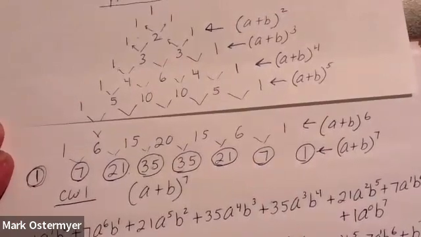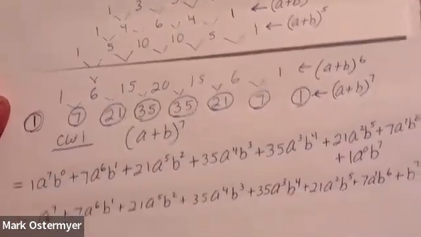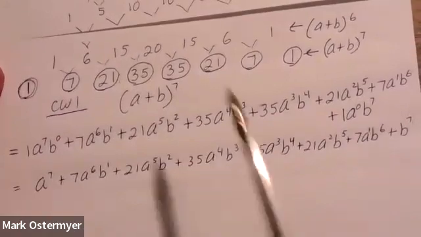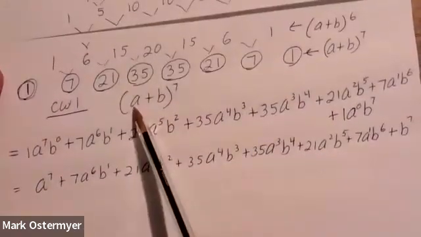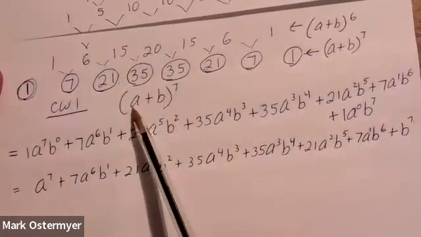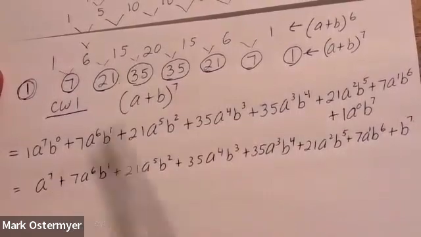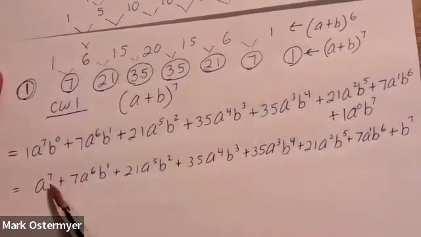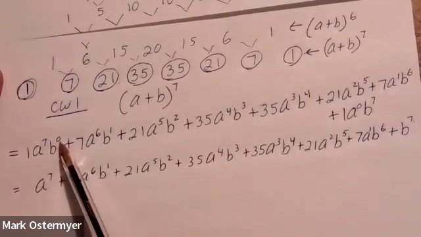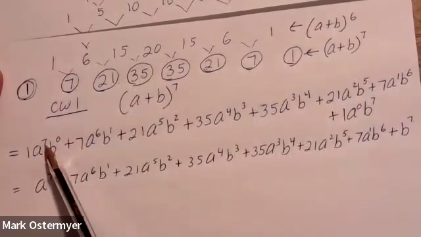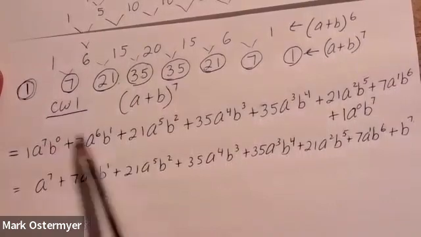Wait a minute, somebody said, can you explain how you know where the exponents go? When you're raising a binomial to a power, the first term always is raised to the power the binomial is raised to. So a to the 7th power. The second term always starts off at the 0th power, b to the 0th power. Then each term you go further to the right, the first term's power decreases by 1.